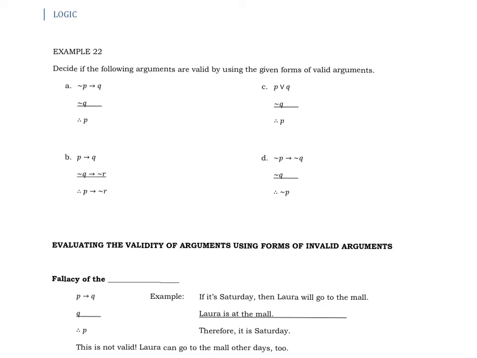So what we have here is if not P, then Q. We have not Q, and then we get P as the therefore.